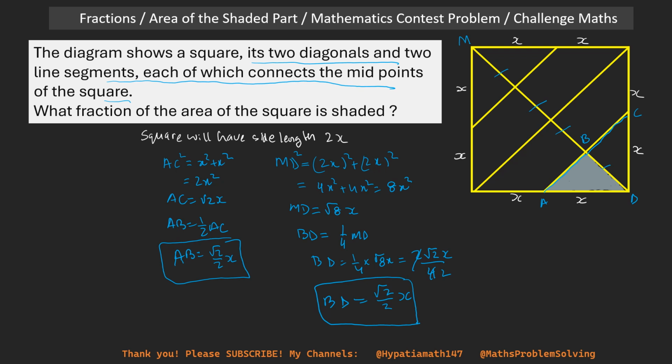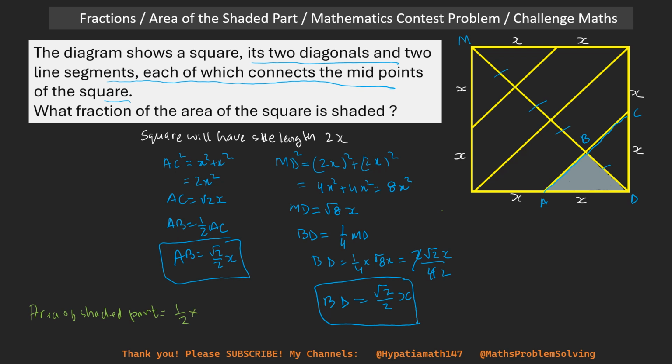So we know now the base and the height, so we can find the area of the shaded part. The area of the shaded part would be half times base times height.